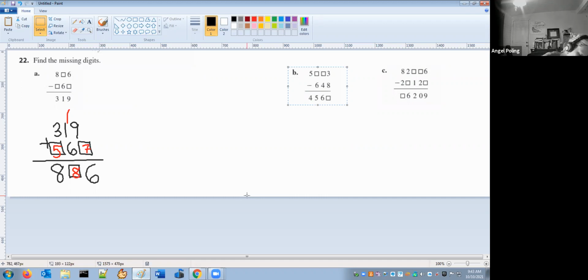And so this is 886 take away 567. And if we're correct, then we should have, oh, sorry, a value of 319. And if we wanted to show all the steps, we would show our taking away and carrying.